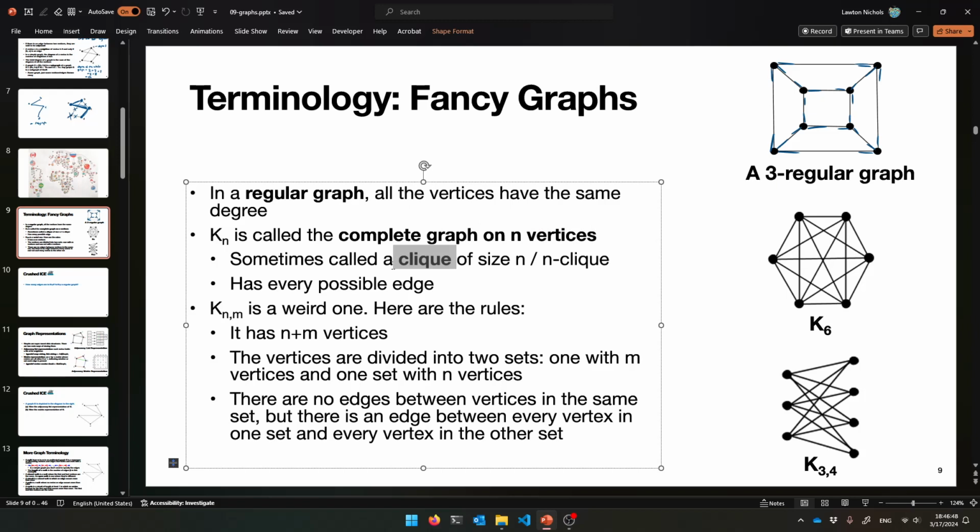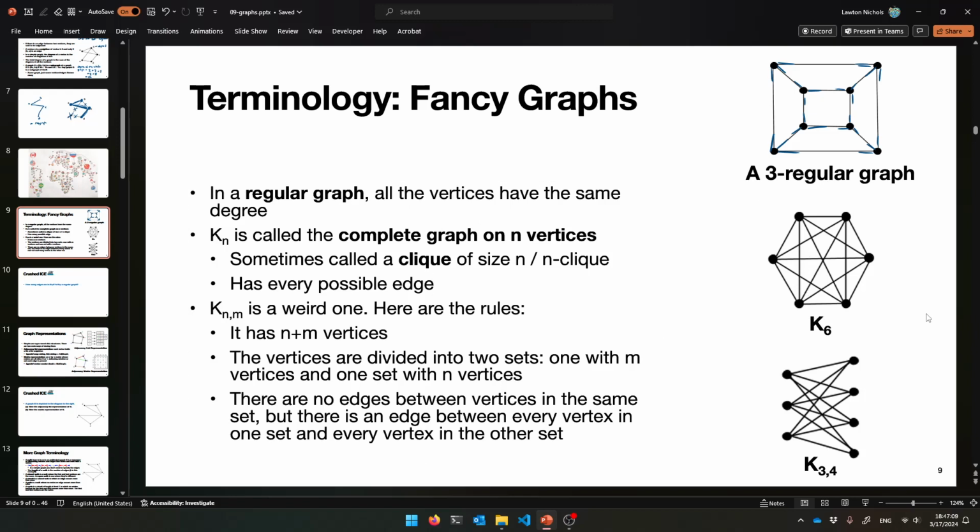Informally we pronounce this word like "clique," a clique of people, but in graph theory you say it "cleek," like French, I guess. So Kn is a complete graph on n vertices, or a clique of size n. That's when you have every possible edge.